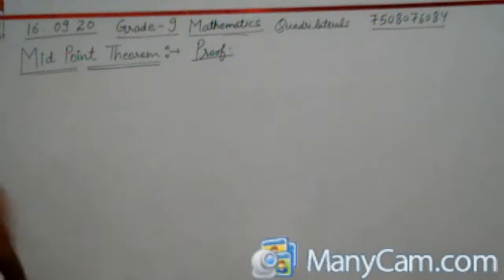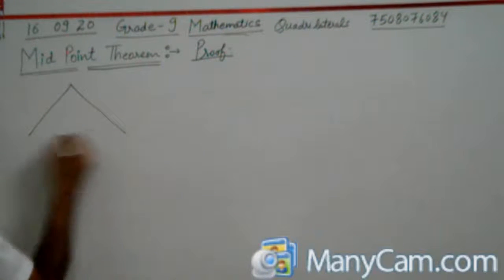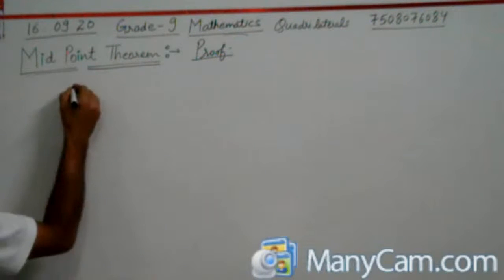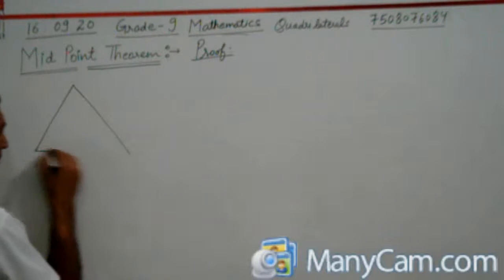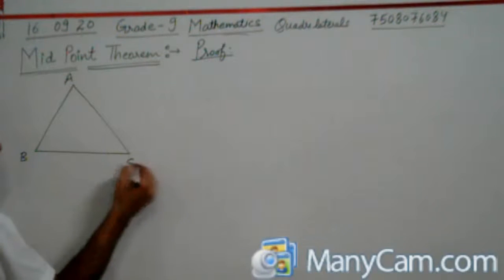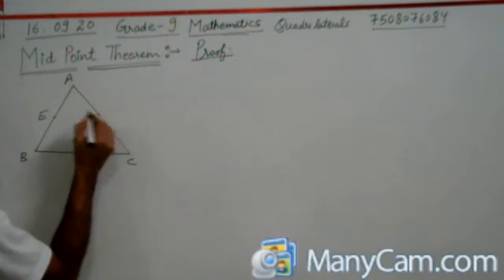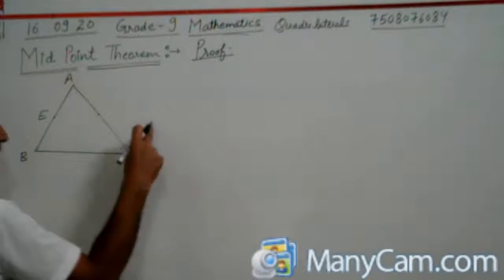For the proof, we can draw one triangle, right? A, B, and C, and these are the midpoints E and F. What we can do? We can draw one line parallel to AB, by construction.